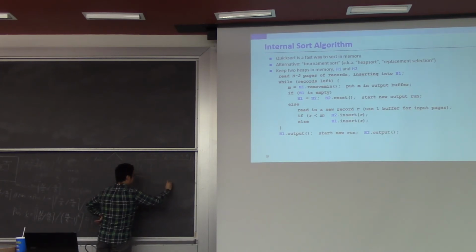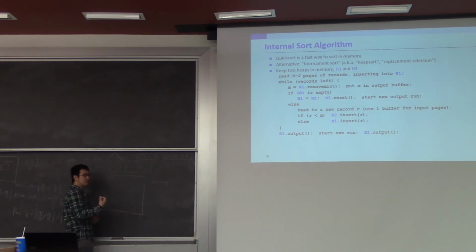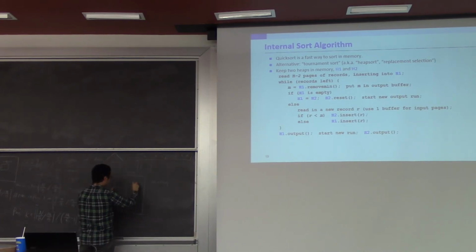The min heap can be implemented as an array, and if your min heap has n elements, you only need n cells in the array, right? So if you treat all of your memory as a large array, say it's like this, I think you will also need the output buffer and the input buffer.